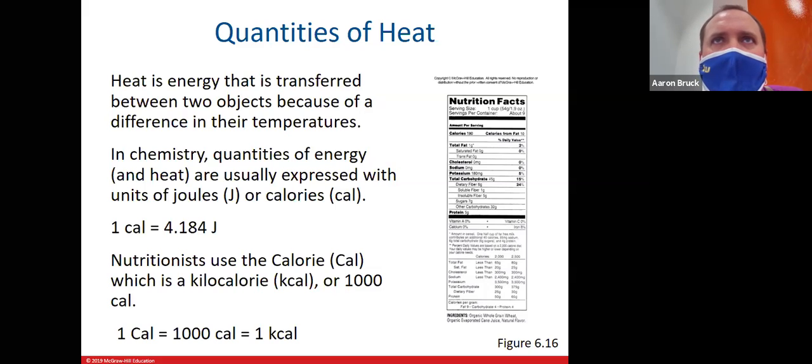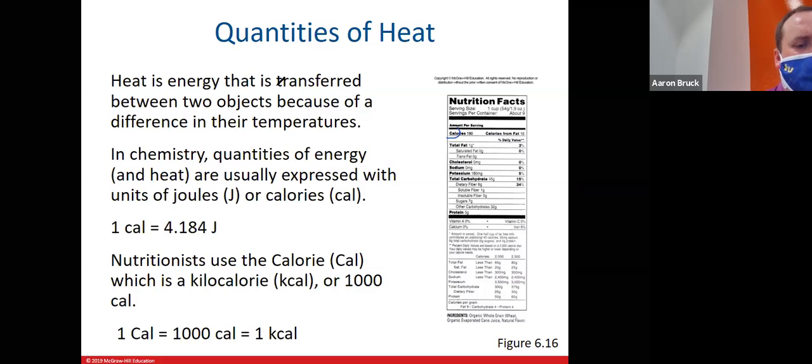You are probably most familiar with the heat unit of the calorie. Calories are on all of your nutrition labels. Now, the calories on your nutrition labels are actually kilocalories. And we differentiate them. Calories, as written here, you'll always see written with a capital C. That's not just a stylistic choice.